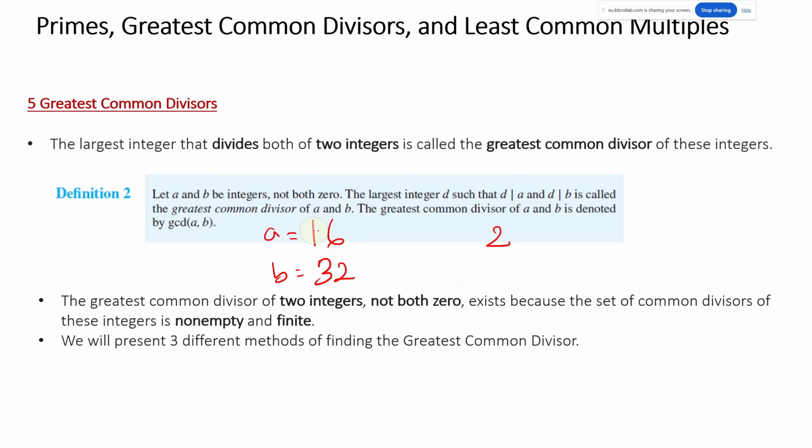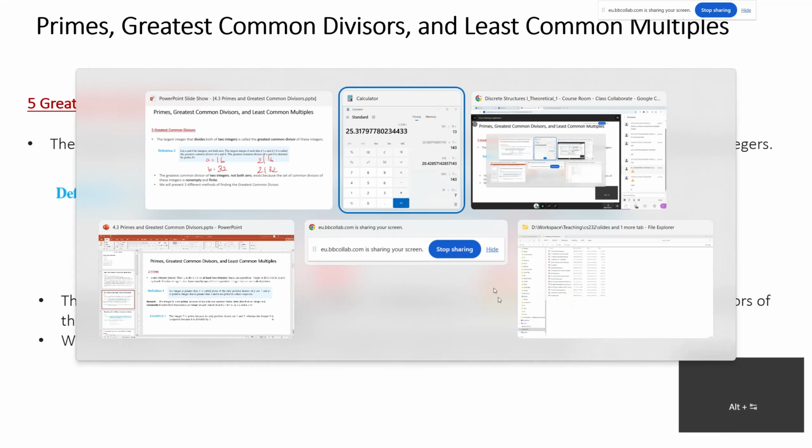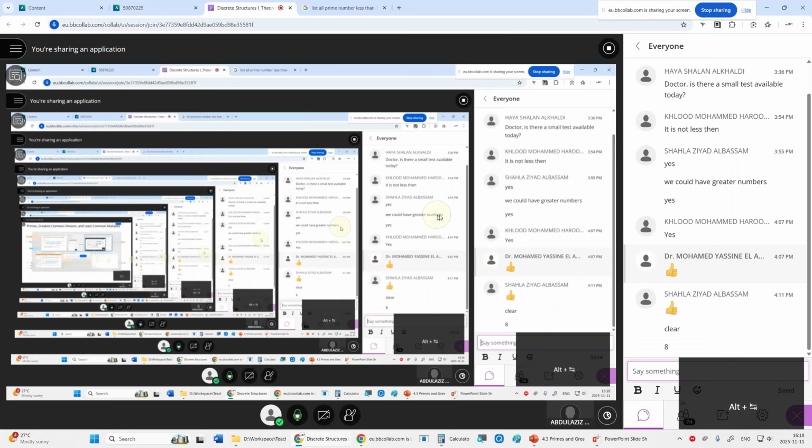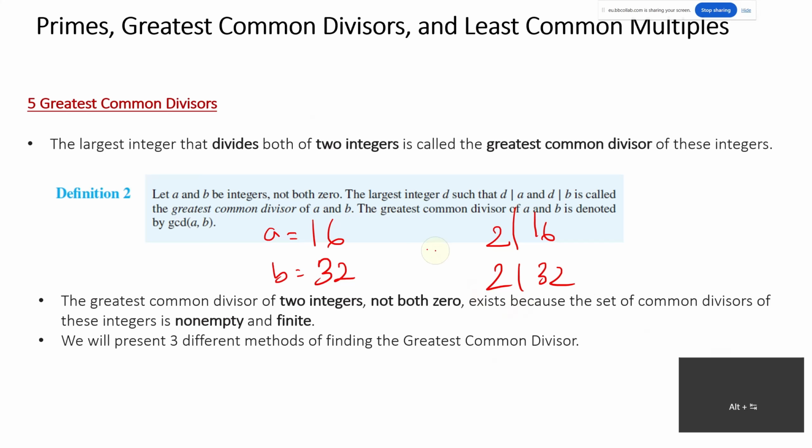I can divide a by 2, so 2 divides 16, and 2 also divides 32. But that's not what I'm looking for. It's not even the 8. I'm looking for the biggest one. What's the biggest one that can divide both? So how can I find it?